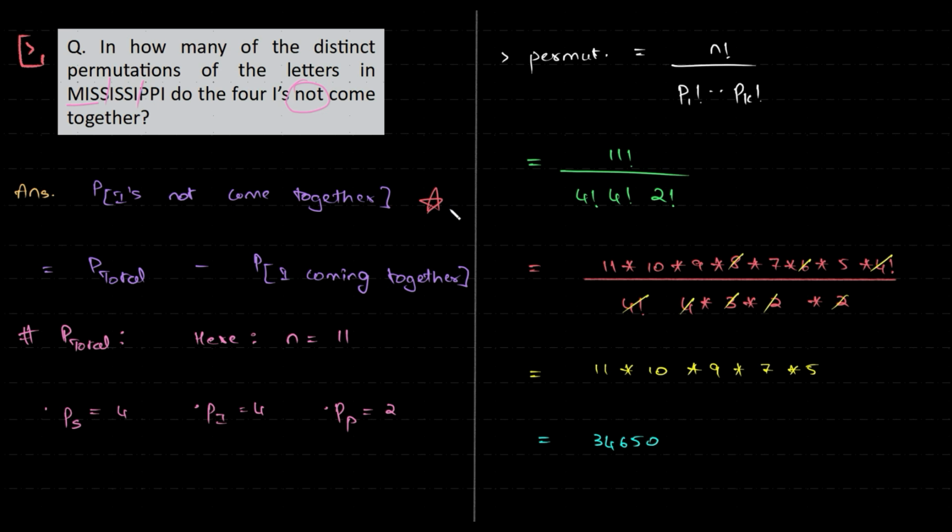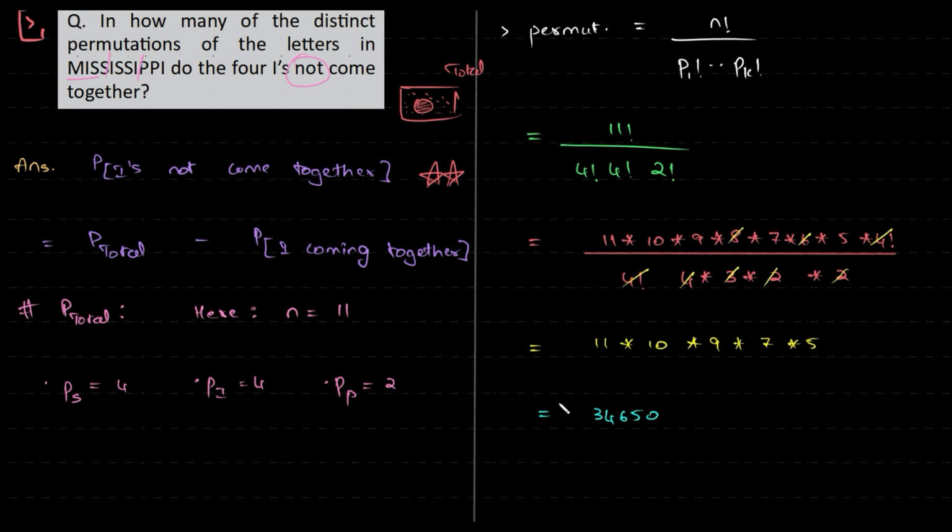So first thing is you guys need to understand this. This is basically your sets concept. This is the entire set. So this is all the possibilities in total, and say this is all the I's coming together. If I subtract that, I'll figure out where all the I's are not coming together. That's what we are doing.